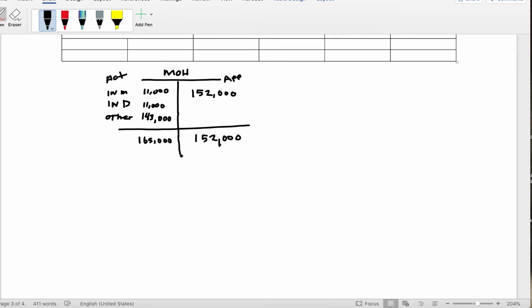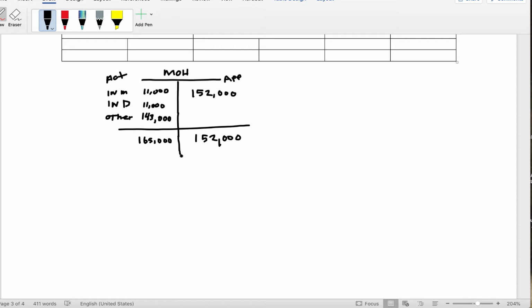Right now I need to look at this account and ask, did I under apply or did I over apply? That's very, very simple to see. We actually incurred $165,000 in overhead, but we only applied $152,000.